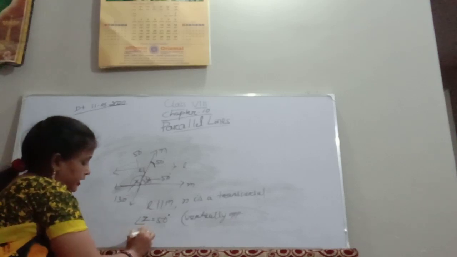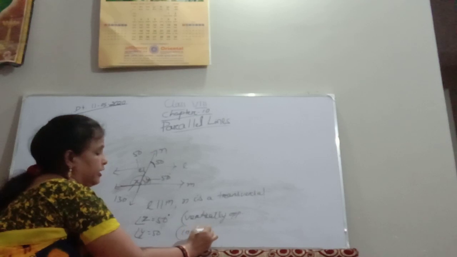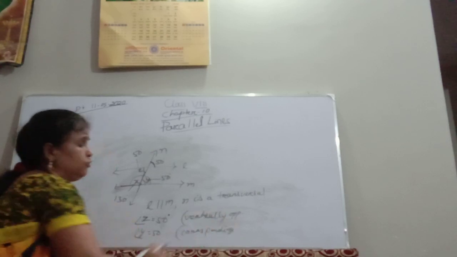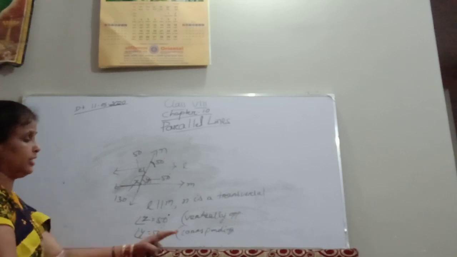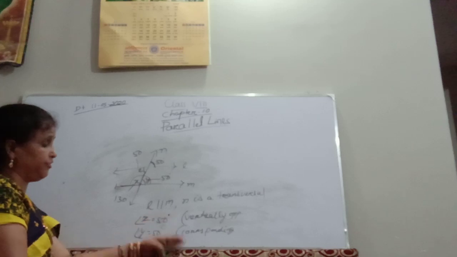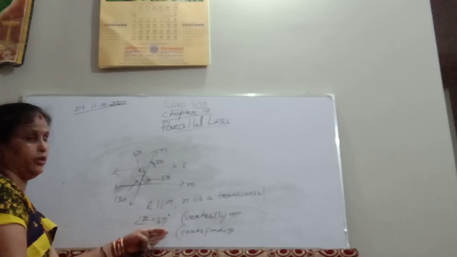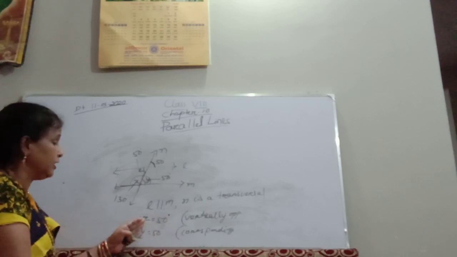If I write y is equal to 50, why are they equal? They are corresponding angles. So whenever you solve any geometrical sums, you have to mention the reasons, or the condition you are using, for why these 2 things are equal.